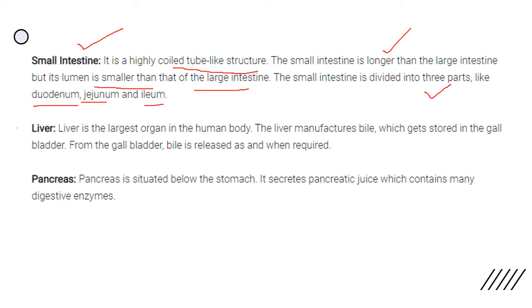The liver is the largest organ in the human body, and it manufactures bile, which is stored in the gall bladder. So you have to remember, the liver manufactures the bile juice and it is stored in another organ called the gall bladder.